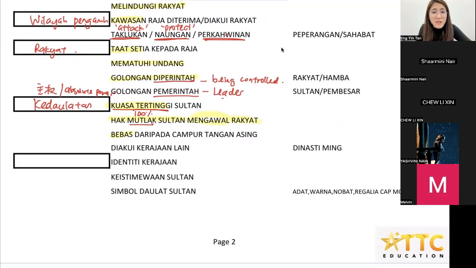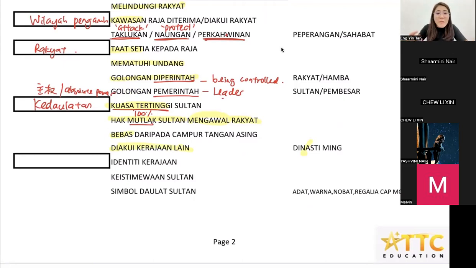No one can attack us and we are recognized by other governments. So who is the one that recognizes us? China lo, Dynasty Ming lo. Okay, the last one there is, guys, I told you he's an Islamic leader. Right now, he needs to prove that I am the Sultan, I am the king of the government, very strong.